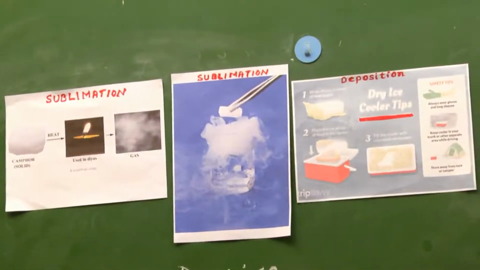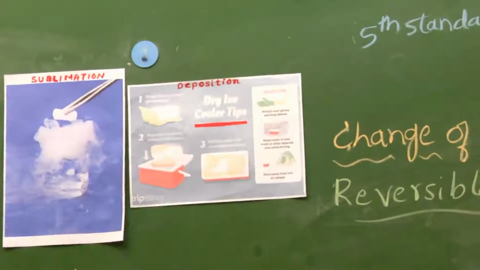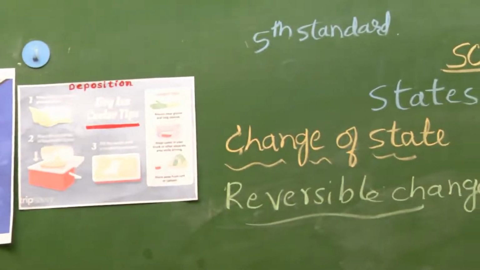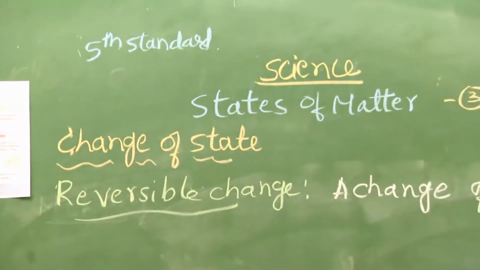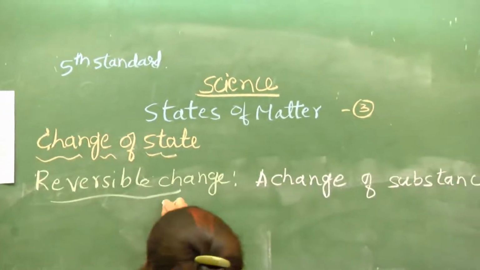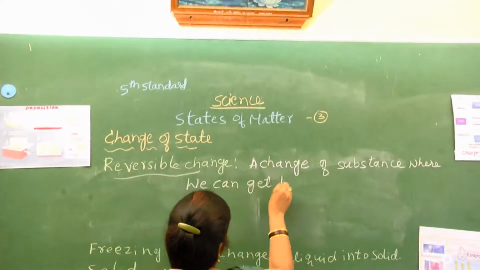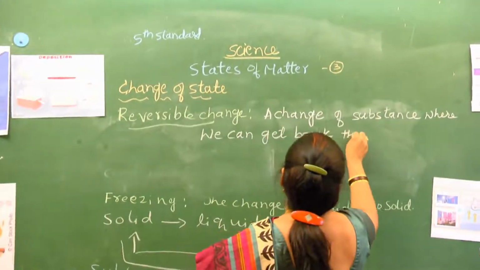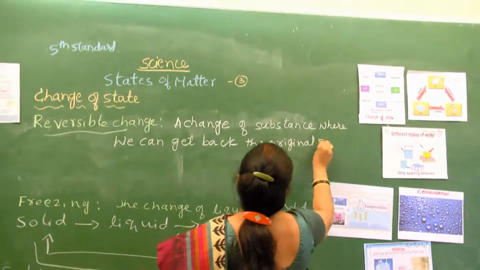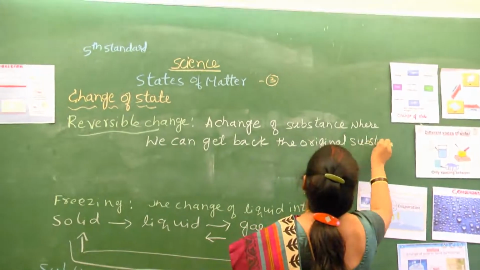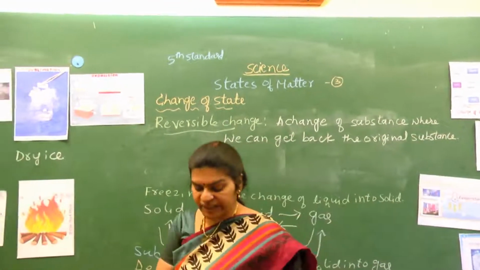So here, a change of substance where we can get back the original substance or original matter is called reversible change.